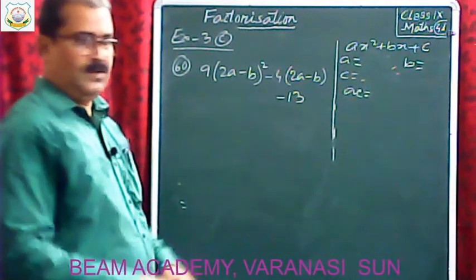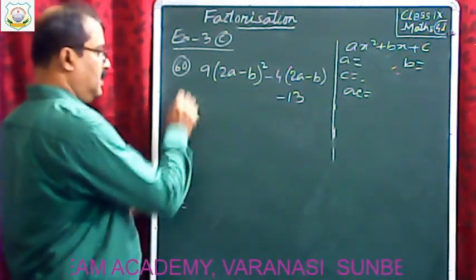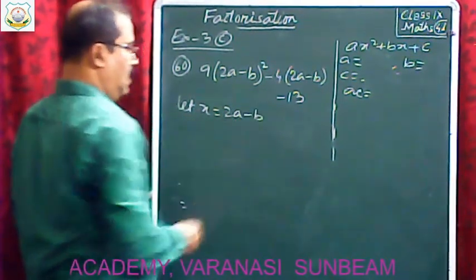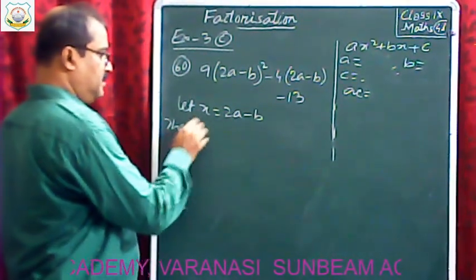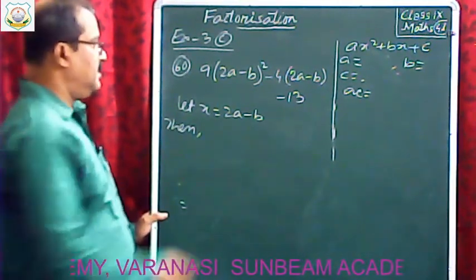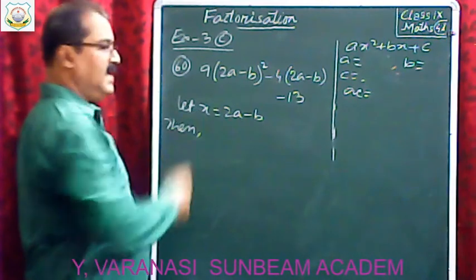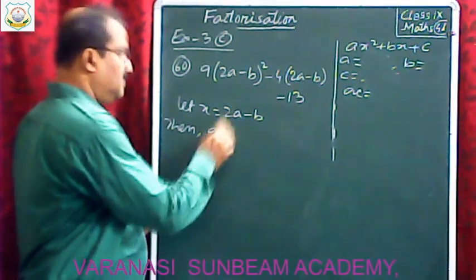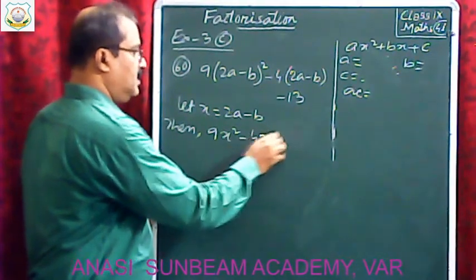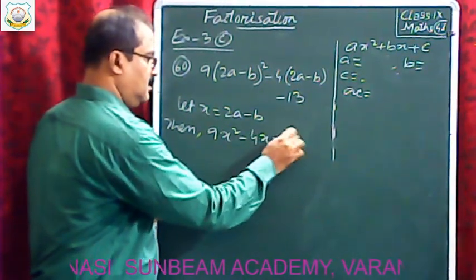For coding and decoding, what you have to do is suppose let x equal to 2a minus b, and thereafter express the given polynomial in terms of x. In place of 2a minus b you have to write x. So 9(2a minus b) whole square means 9x square minus 4x minus 13.